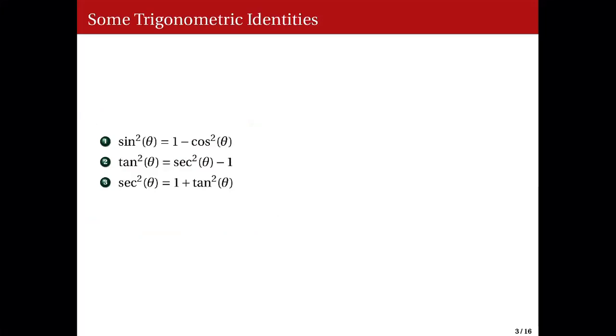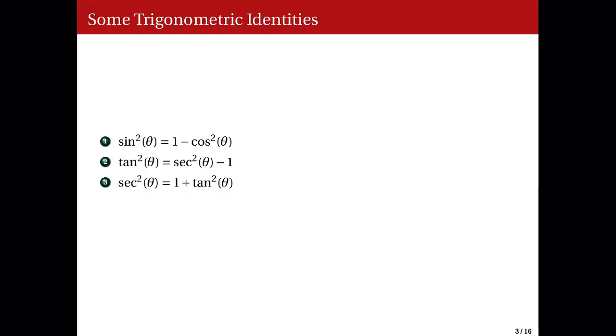Some prerequisites: we recall some trigonometric identities, particularly the Pythagorean identities. You have sine squared theta plus cosine squared theta equal to 1. What we're going to do is isolate sine squared theta, and coming from this, we can derive a formula for tangent squared theta.